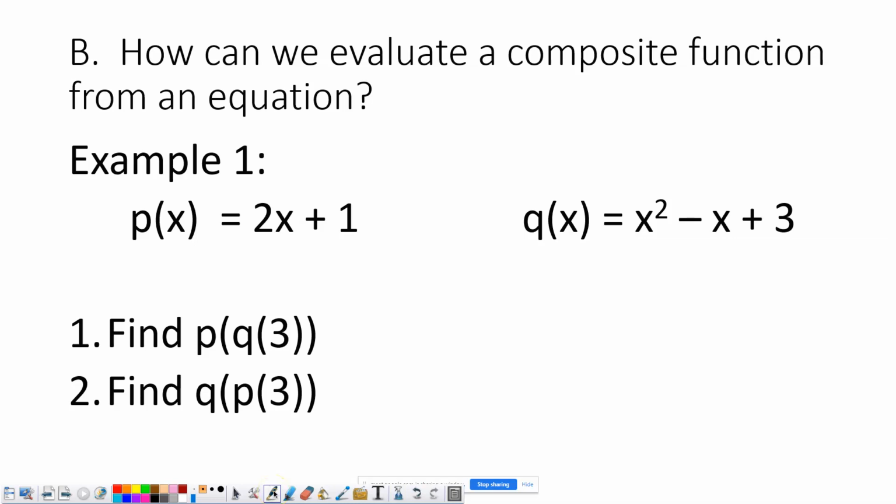Here's how it works. Step 1, we're going to plug 3 into the q function. So plug 3 into q. That's our step 1. So let's do that.